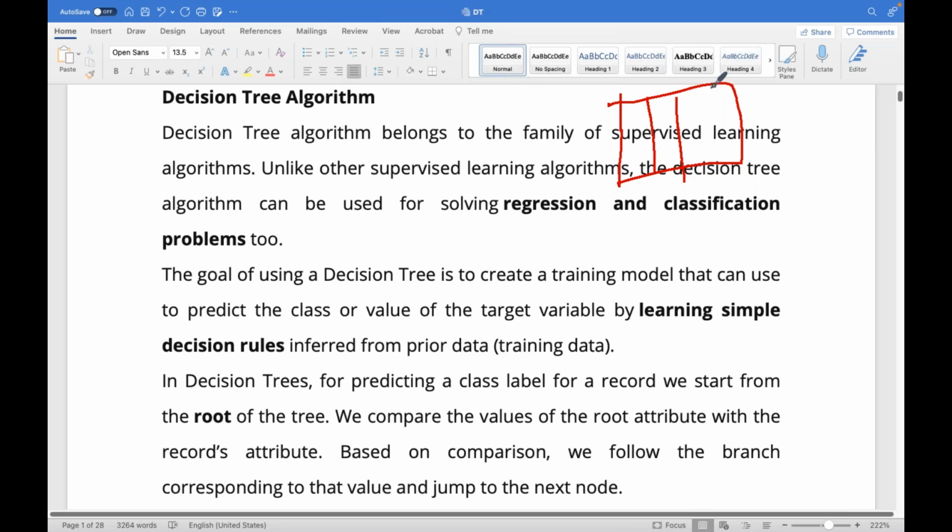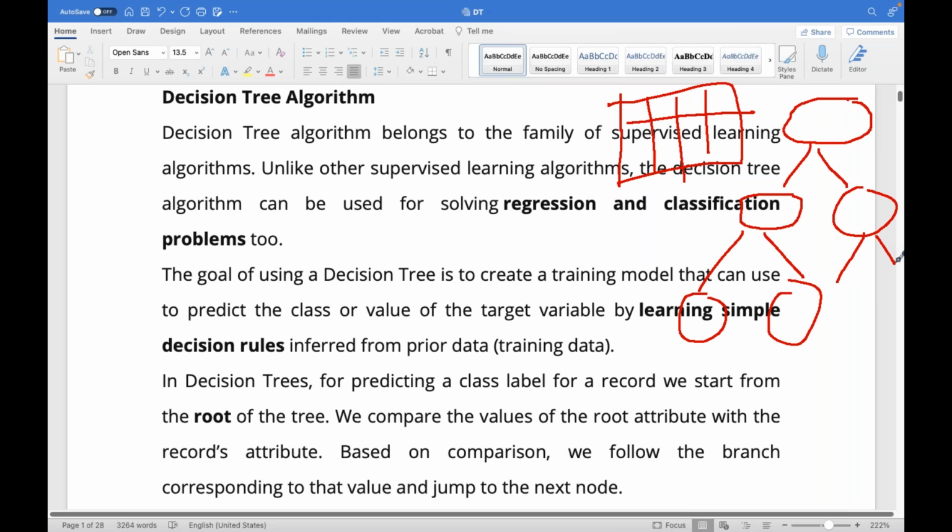If we have four attributes, then from these four attributes we can consider one as the root. Then we can split into different conditions, different rules. Once you split, from the root node to the leaf node we can do different kinds of splittings, and each one is a node.